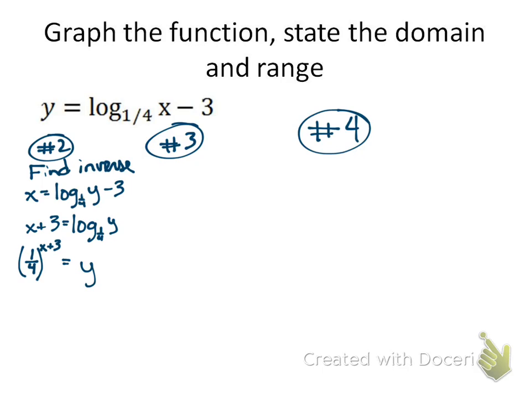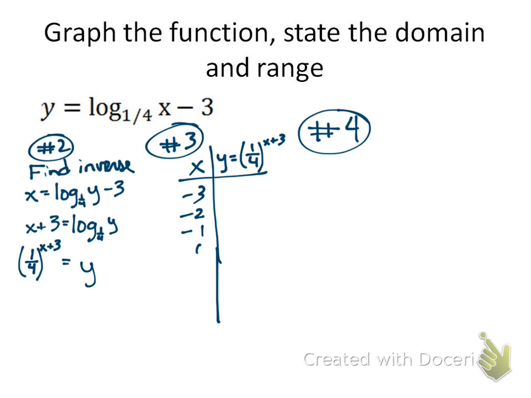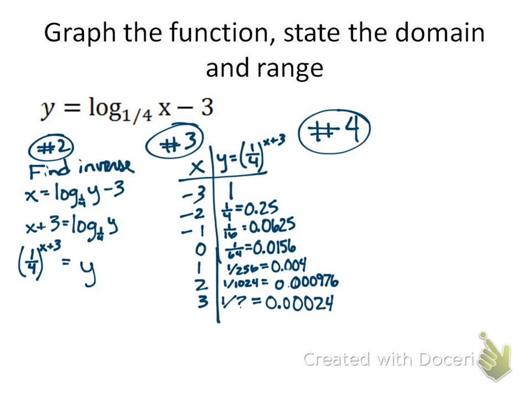We're going to take that inverse and create a table. So we're going to have our regular inputs, -3, -2, -1, 0, 1, 2, 3, and we're going to plug those into that exponential function. This is what I get for my outputs.